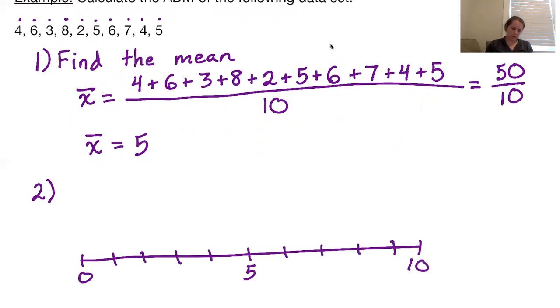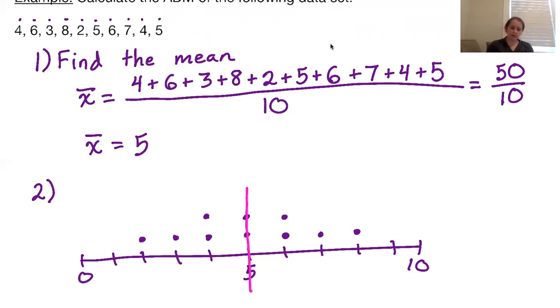So our points were at 4, 6, 3, 8, 2, 5, 6, 7, 4, and 5. Turns out I did actually just make a symmetric data set there, symmetric about 5, so it does make sense that 5 is the mean. Let's go ahead and put our line through our mean at 5.